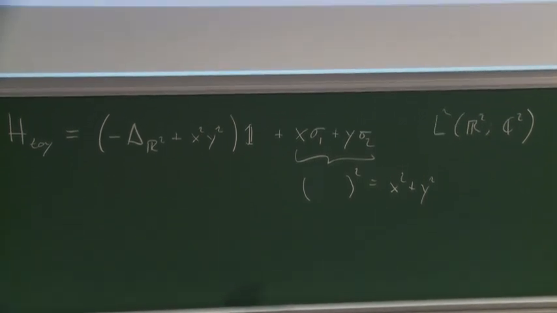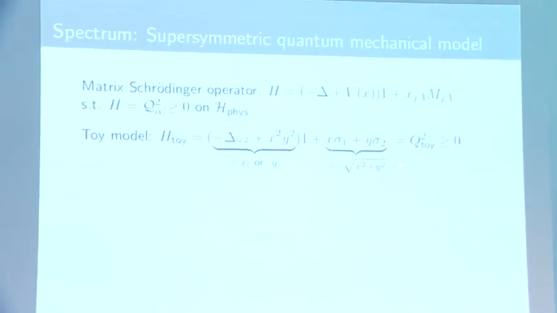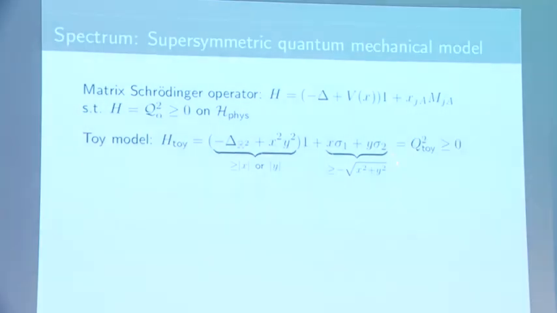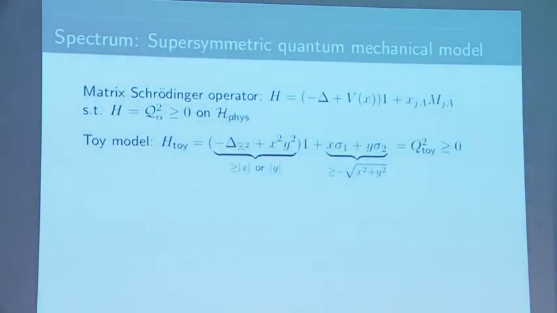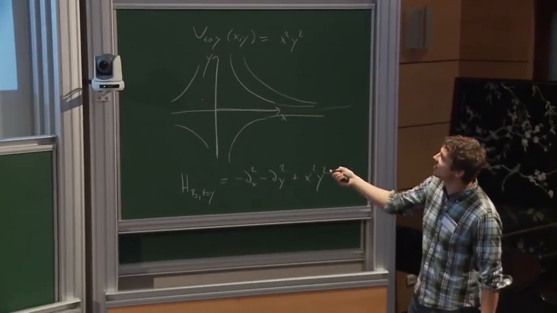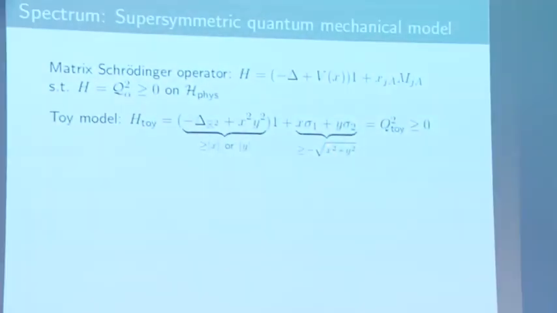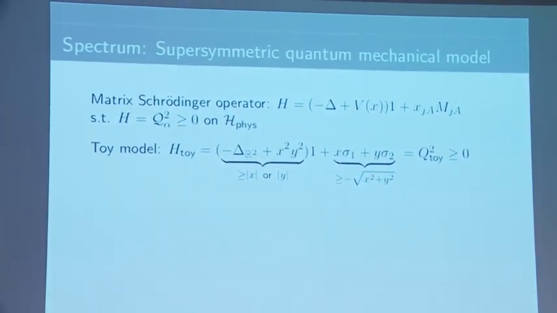Whatever it is, it can become arbitrarily negative, but essentially if you go along a potential valley, so if y is 0 and you go along x here, then you have just minus the absolute value of x along this valley.